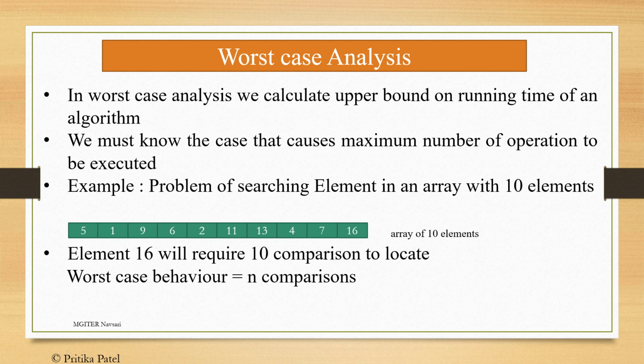We have to compare each and every element of the array with 16. So first we compare 5 with 16, then 1, 9, 6, 2, 11, 13, 4, 7 and last 16. Now 16 is compared with 16 and we find the 16. So the behavior of worst case is n comparisons.